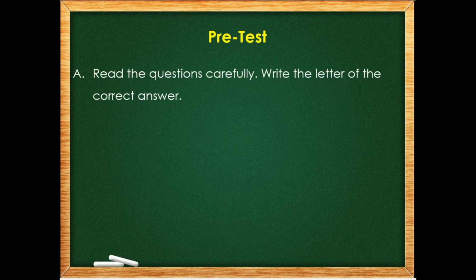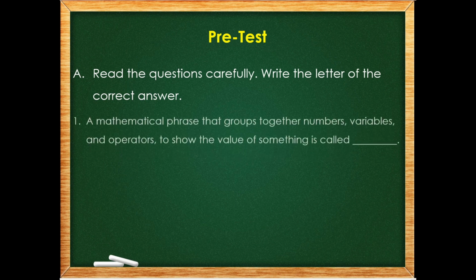Now, before we go further, let us try to see how much you already know about our topic for today. As I read to you the direction, read the questions carefully. Write the letter of the correct answer. Number 1.